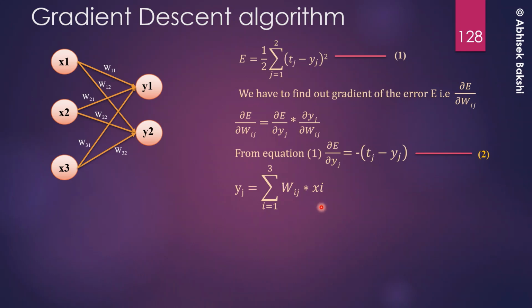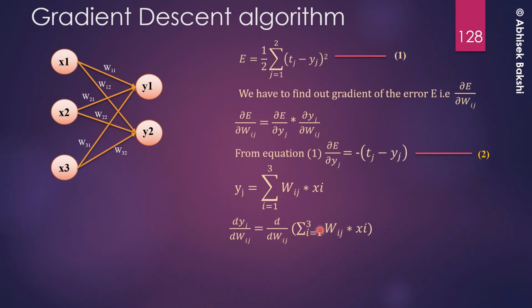Now, in this function, you can see this w is a free parameter. So from this equation, I can calculate the derivative of yj by w. So if I do that, what will happen? It will be d by dwij, and since wij is in the denominator, naturally this will vanish.